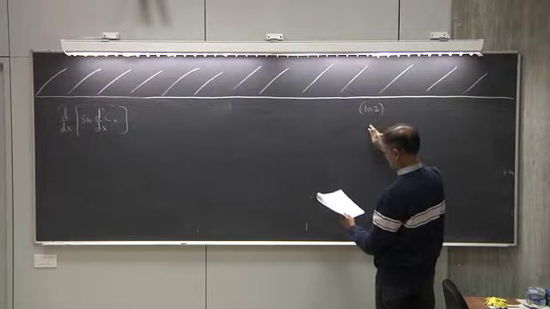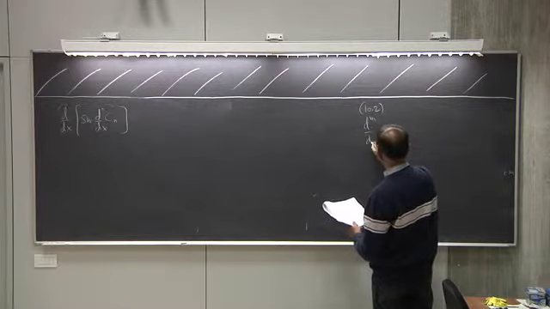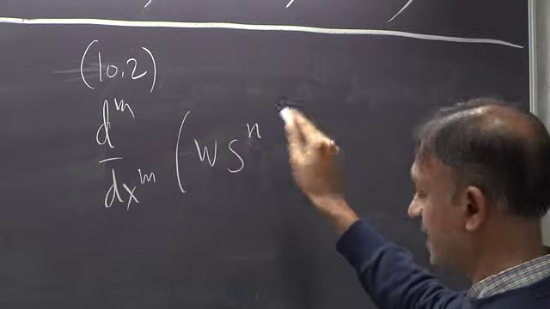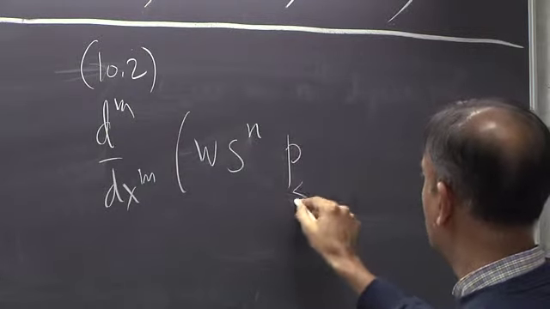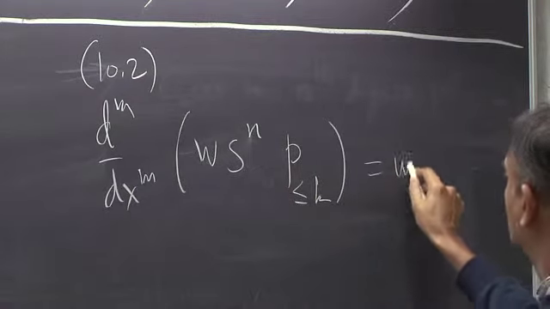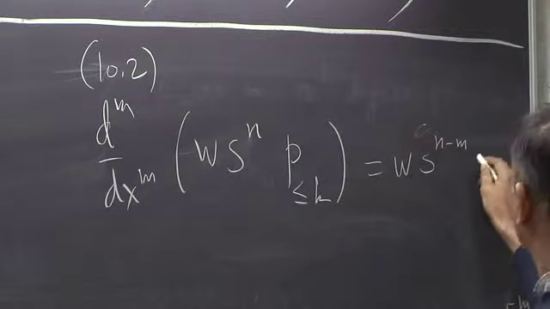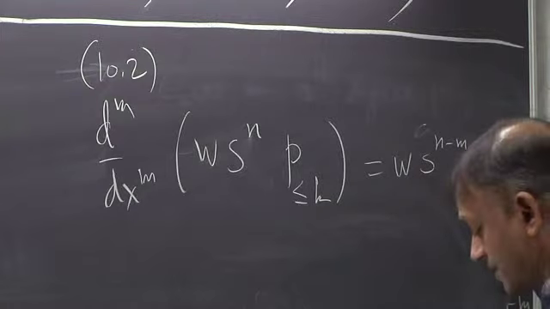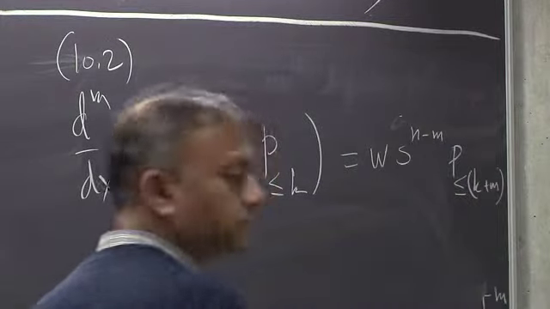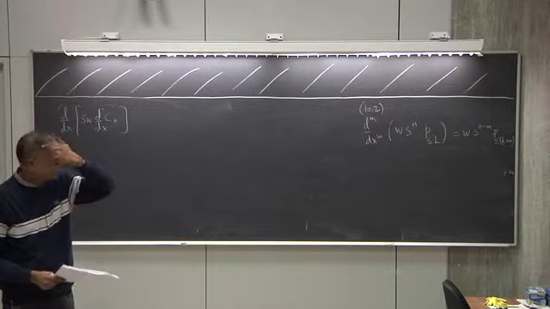The lemma was: the mth derivative of ws to the n times any polynomial of degree less than or equal to k is equal to w times s to the n minus m times a polynomial of degree less than or equal to k plus m. This was one of the lemmas we proved in the very beginning of the discussion of the Rodriguez formula.